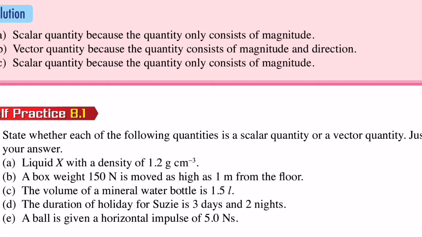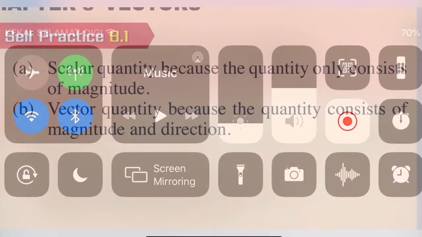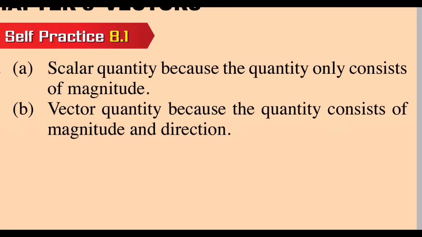I hope you have a better understanding of what is vector quantity and what is scalar quantity. I hope you enjoy learning vectors. With that, I will provide you the answer for the exercise.